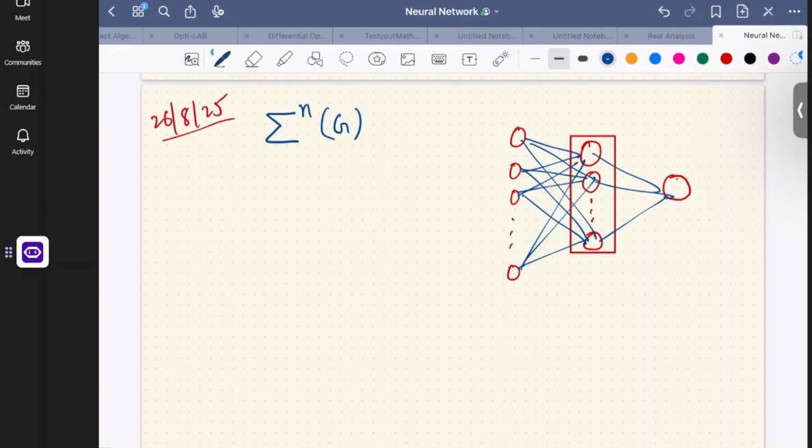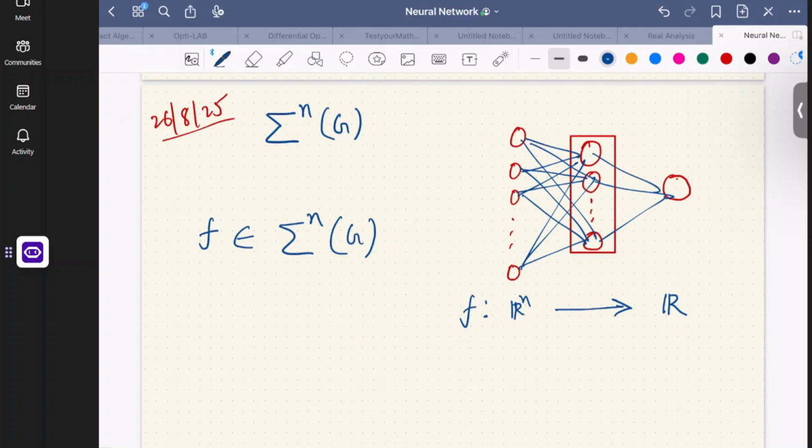So this is from Rn to R. Whatever function you choose belongs to the set sigma g net. It is basically in this nature.